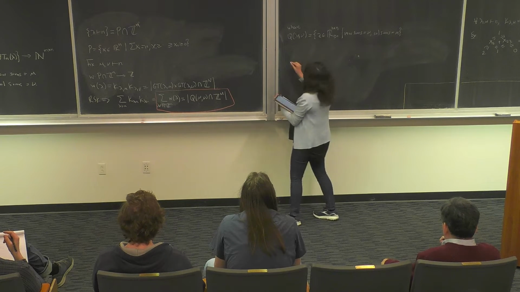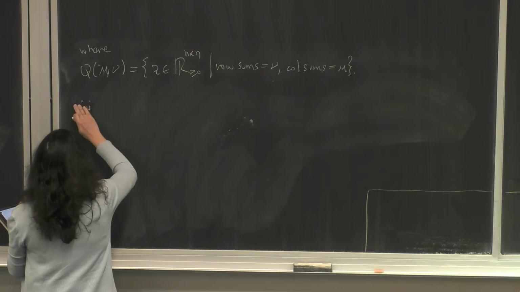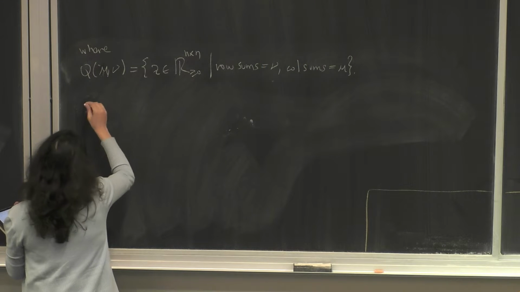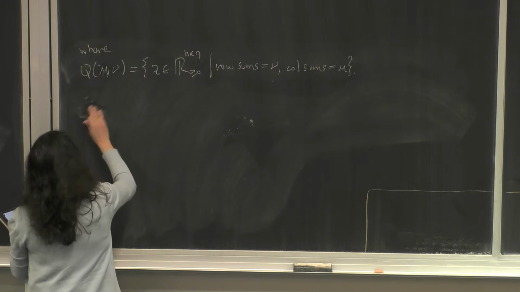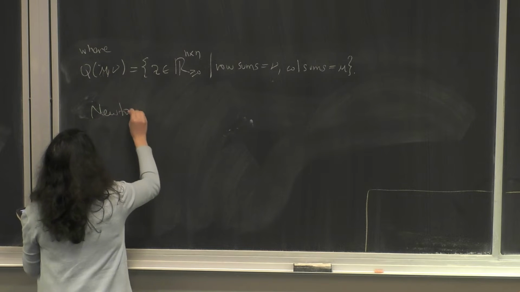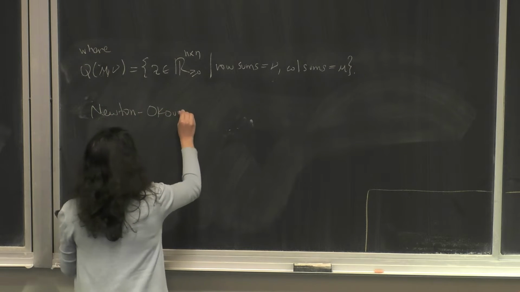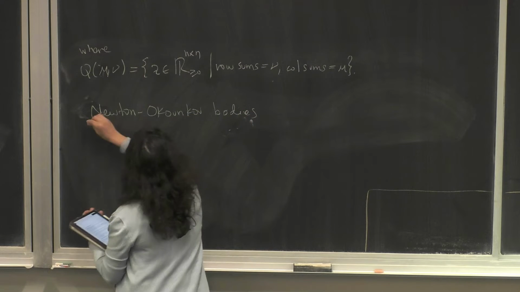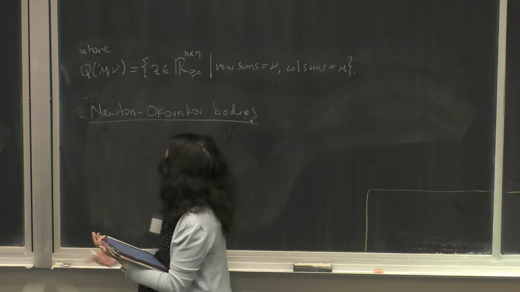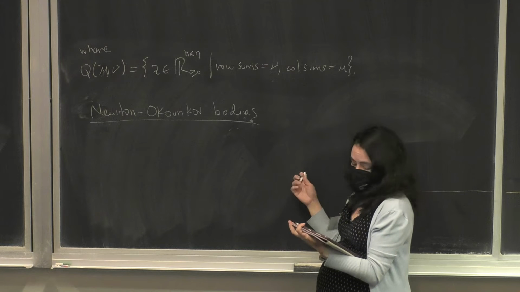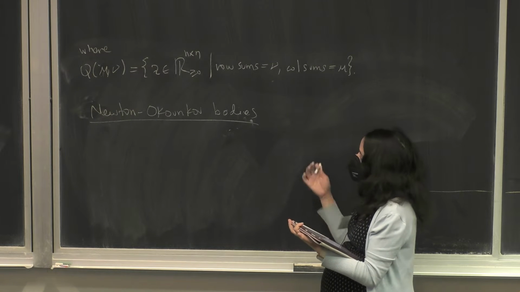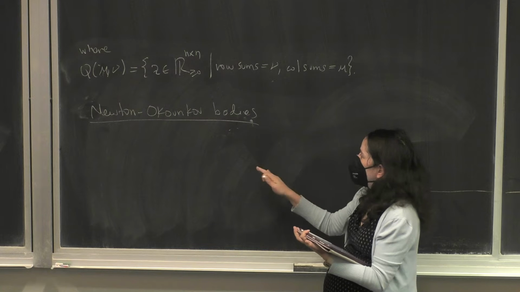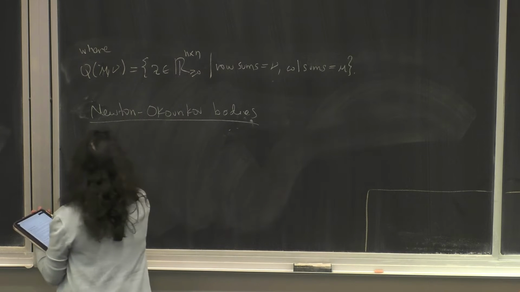Let me just, okay, I'll be quick here, because it's not that important. But this type of story also appears in the theory of Newton-Okounkov bodies. And so in this context, you often care about the following question.